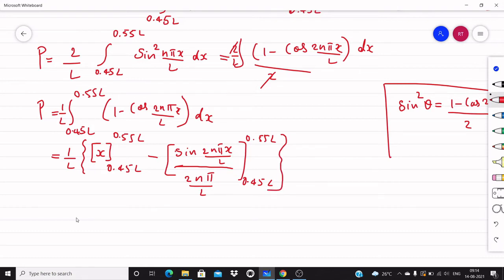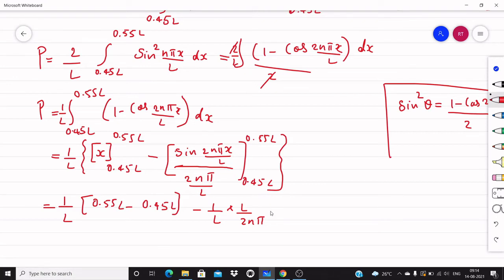Now at this stage, if you want, you can apply the limits: 1 by L, 0.55 L minus 0.45 L, minus, I'll take 1 by L inside into L by 2 n pi, because we have a constant in the denominator.